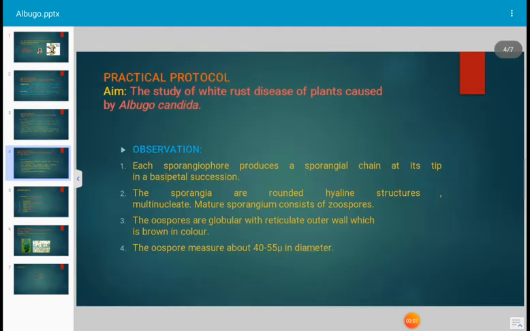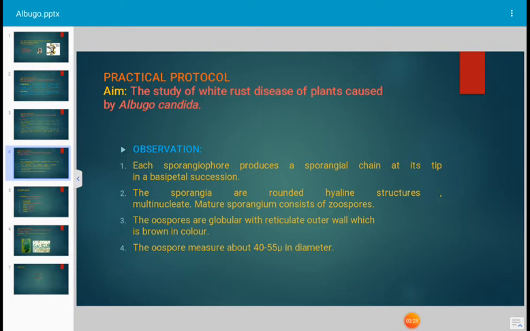Each sporangiophore produces a sporangial chain at its tip in a basipetal succession. Formation of a sporangial chain is a characteristic feature of Albugo candida. Only this pathogen produces a chain of conidia, a chain of sporangia.